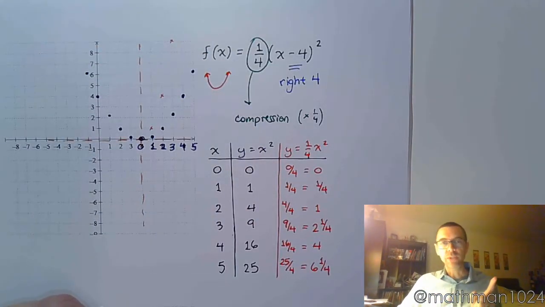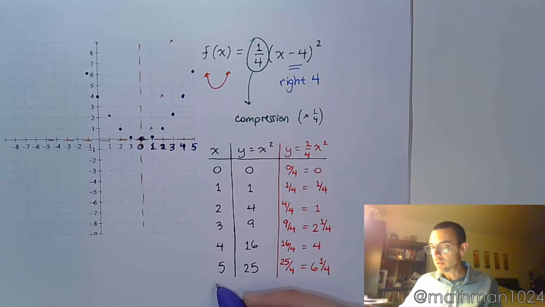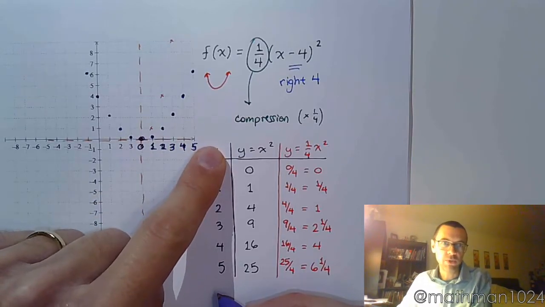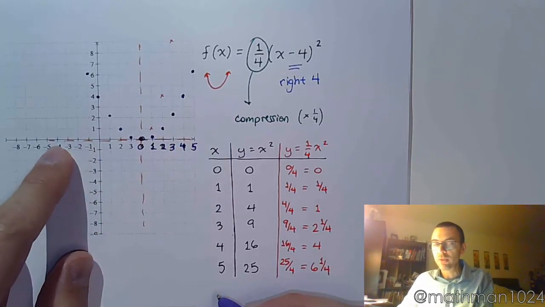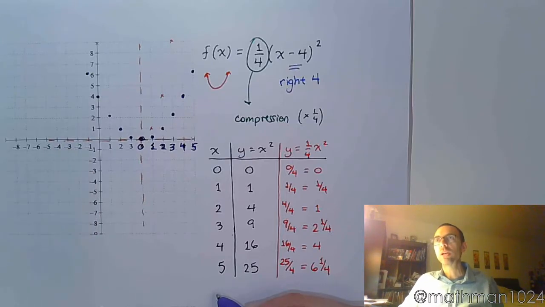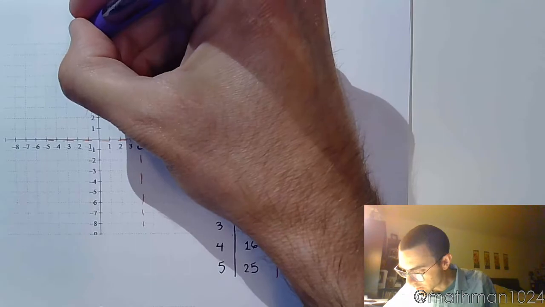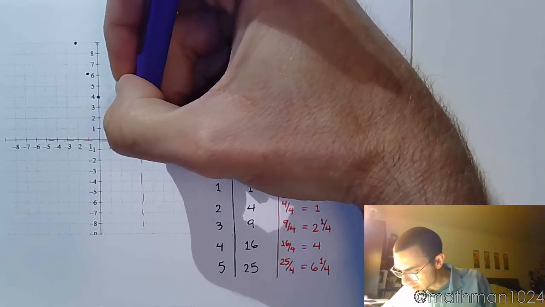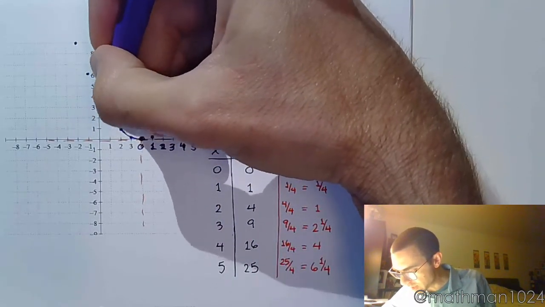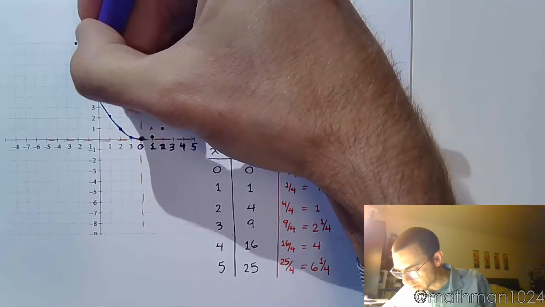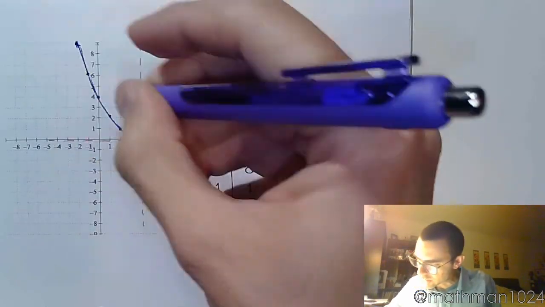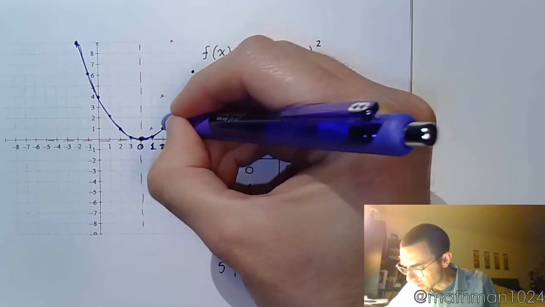If I go one more step, if I were to do 6, now I'm not going to do 6 out here because I'd run out of room, but over here I can do 6. 6 squared is 36, and 36 divided by 4 gives me 9. And so now I have all of these nice, gorgeous points to help me graph my parabola.